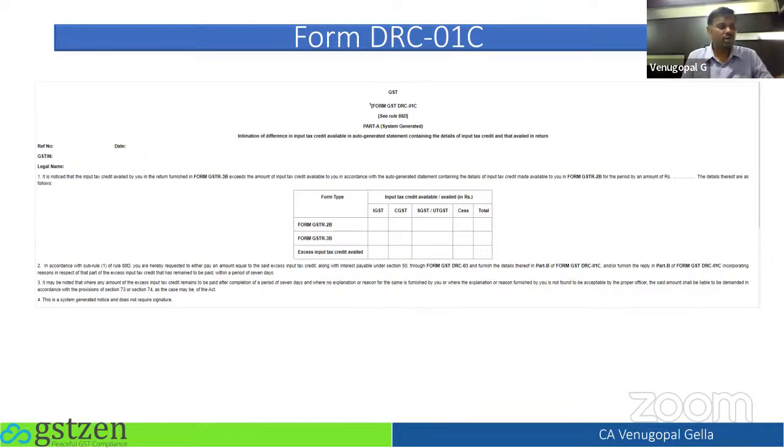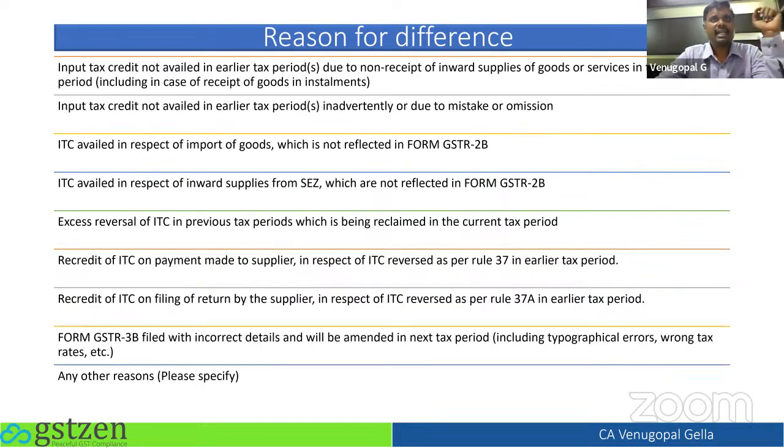So for a notice of this kind, you should make a reply saying that yes, I have availed input tax credit extra now because it was not availed earlier. Or it is import of goods, I have entered into the wrong category. Import of services, I have entered into a wrong category, or this is not available. Or I erroneously reversed in excess in the earlier period, which I'm re-availing.